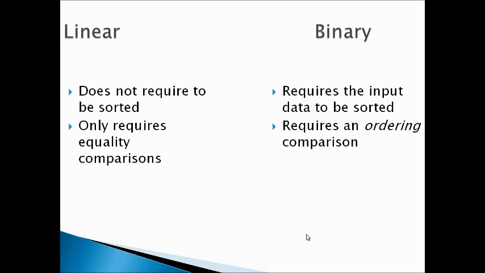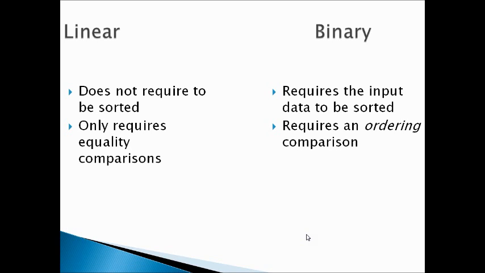So first, what we need to know about linear search is it does not require the data to be sorted, whereas binary search requires the data to be sorted. Linear search also requires the equality comparison, which means that we know what we're looking for, and we're only going to be saying if this equals this, then stop.